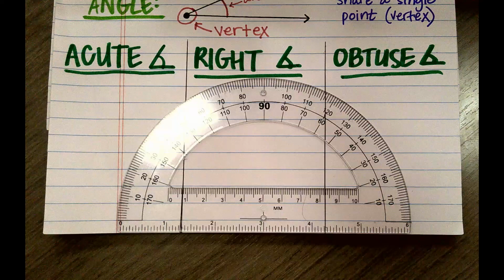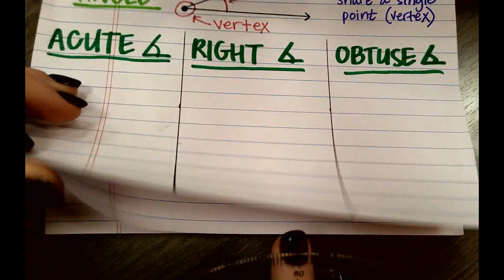Now, I'm going to pull a different piece of paper out just to demonstrate this, and you're welcome to do this too, but it does not necessarily have to be part of your notes. We're going to start with a ray.